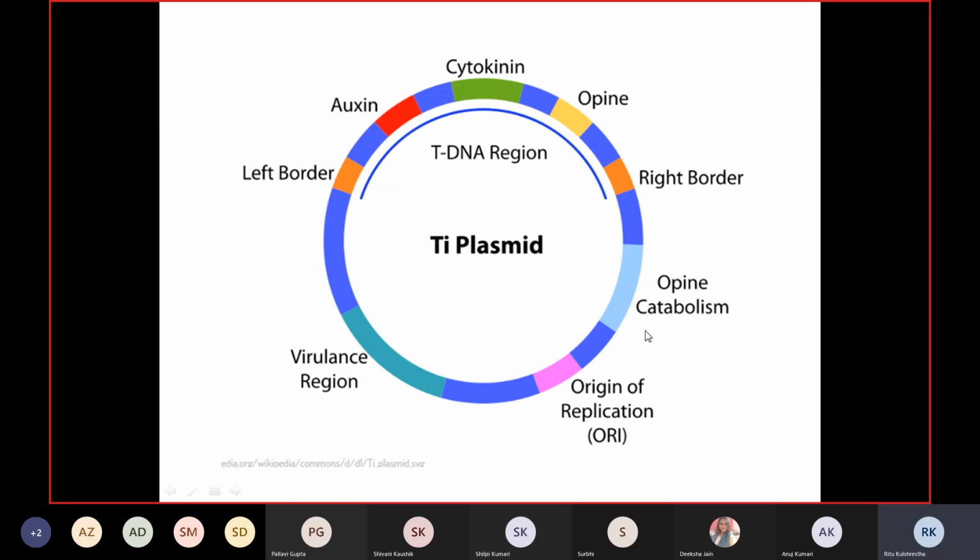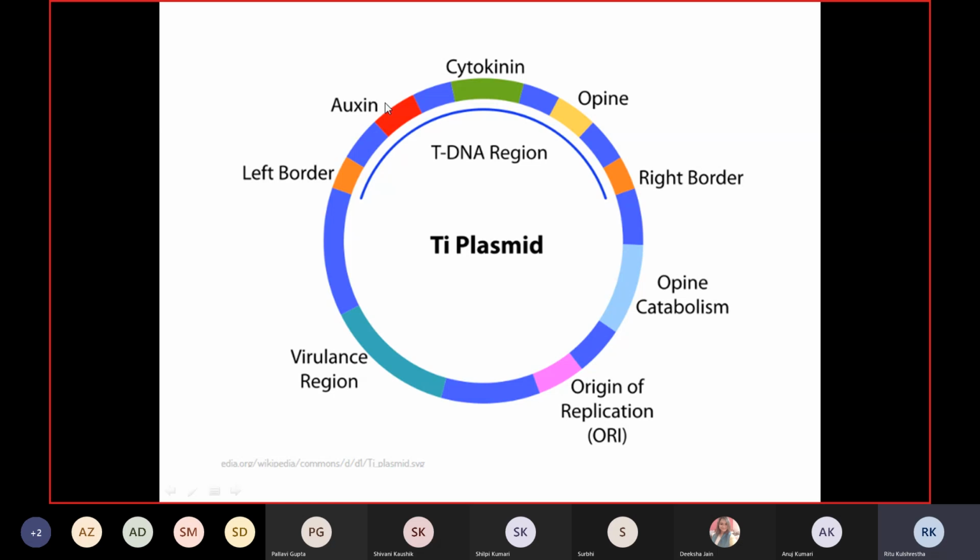It will be very difficult to manipulate this plasmid because it's quite big in size. We always prefer plasmids which are small in size and thus comparatively easy to manipulate. So one problem is that, and second is because the size is very big, how will you find unique restriction sites for transferring your gene of interest into the TI plasmid?